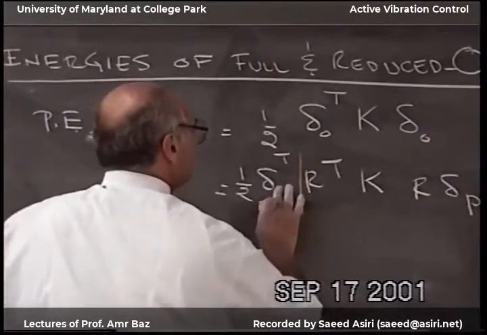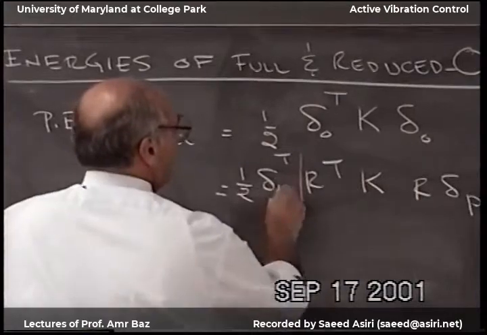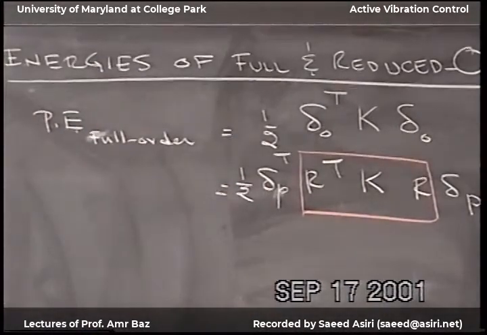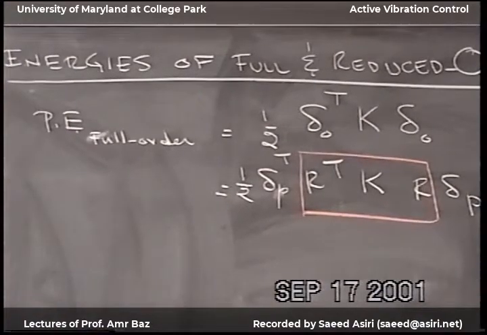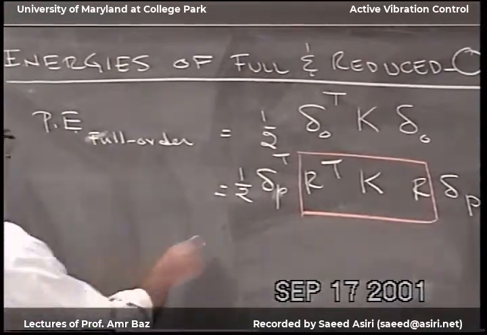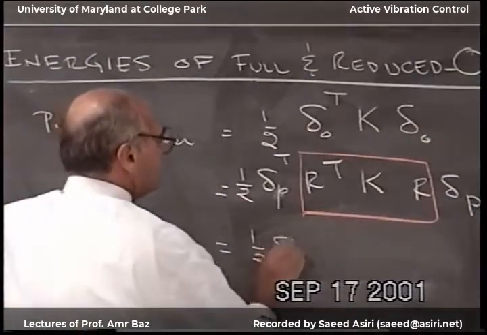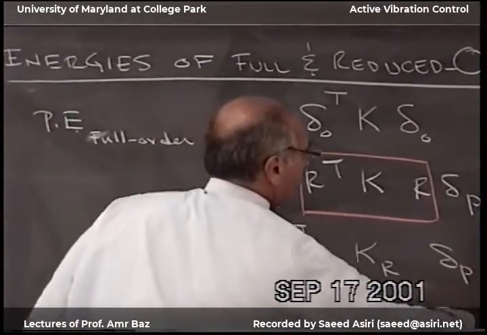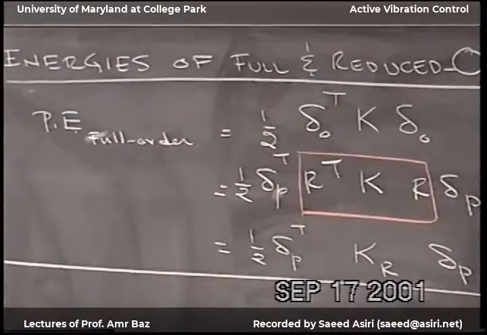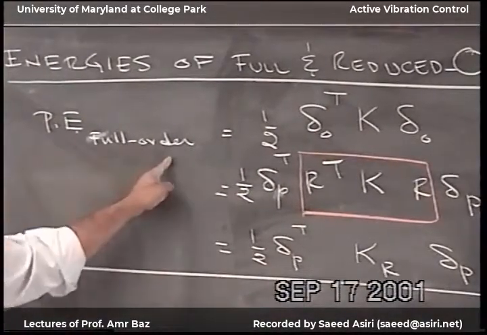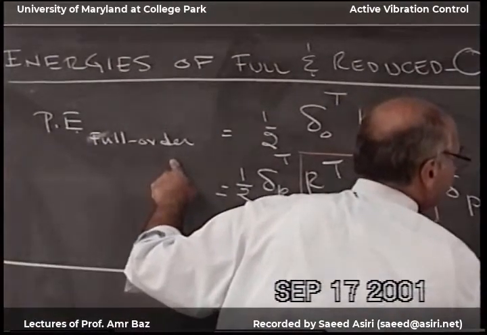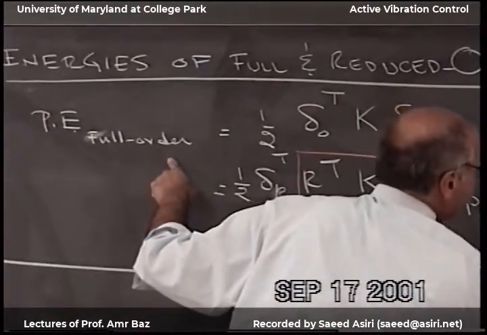And then I'm going to replace this by the K reduced. So this will equal 1/2 delta P transpose, K reduced, delta P. And this says now that the potential energy of the full order system is equal to the potential energy of the reduced order.